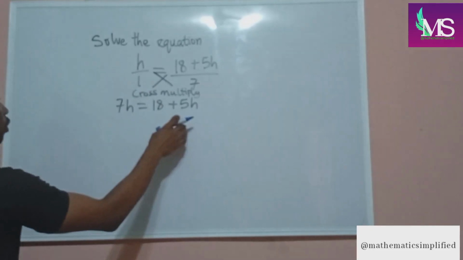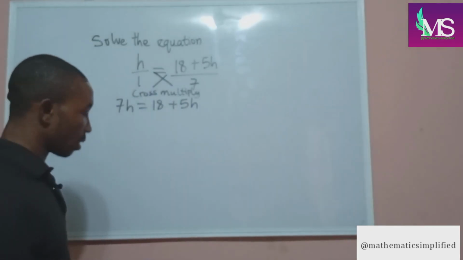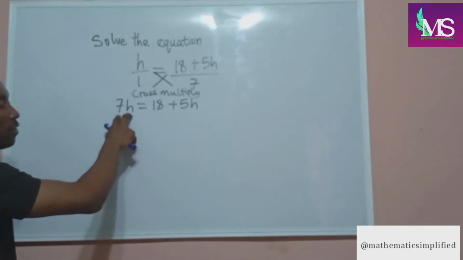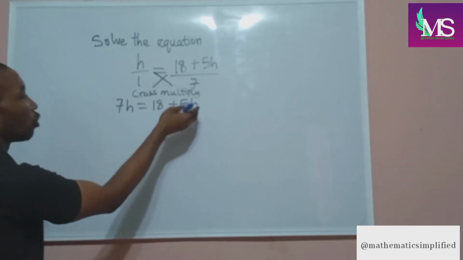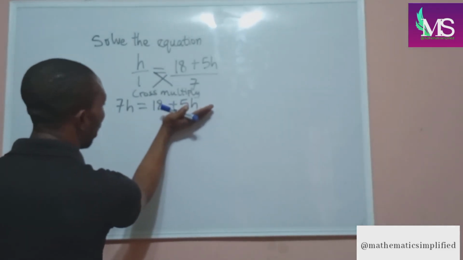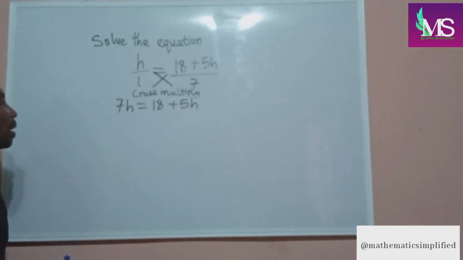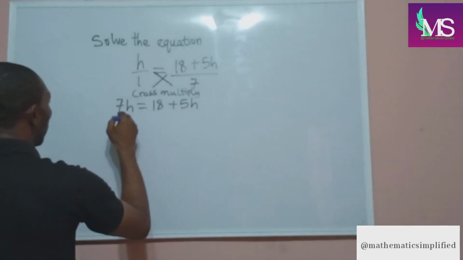Next, we are going to collect like terms. From here, we can see we have 7h on one side and 5h on the other side. So we are going to move this 5h over to this side by saying subtract 5h from both sides.